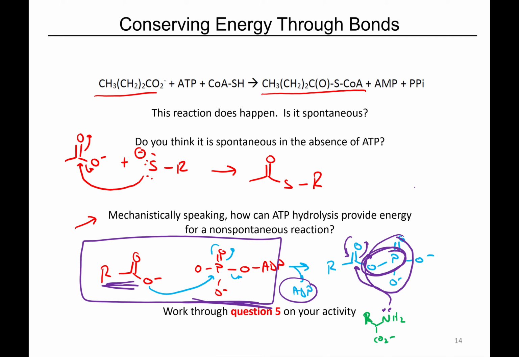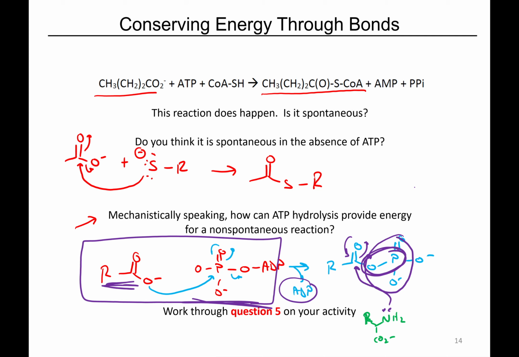So then in a subsequent step, we can have another nucleophile attack the carbonyl and phosphate's released. And releasing phosphate is very spontaneous. It's breaking a high energy bond. And breaking that high energy bond is the energy that allows the formation of a bond that otherwise wouldn't be able to be made. Right?